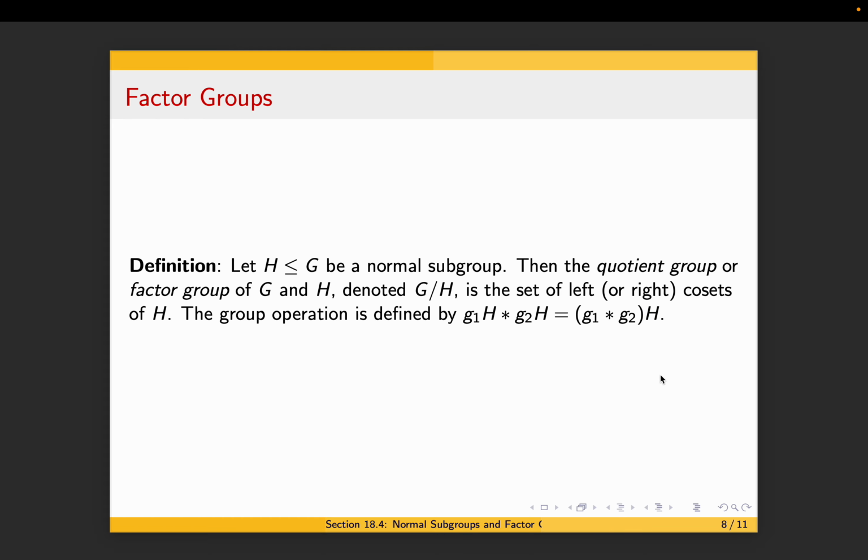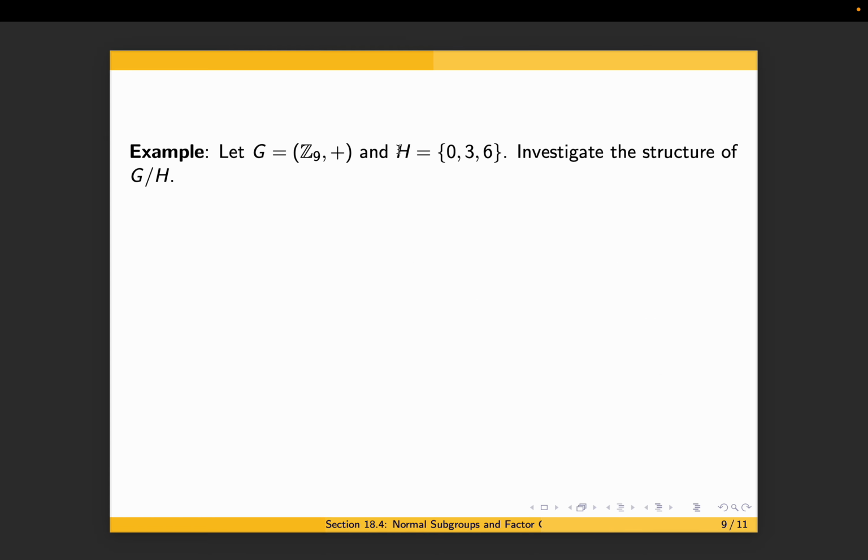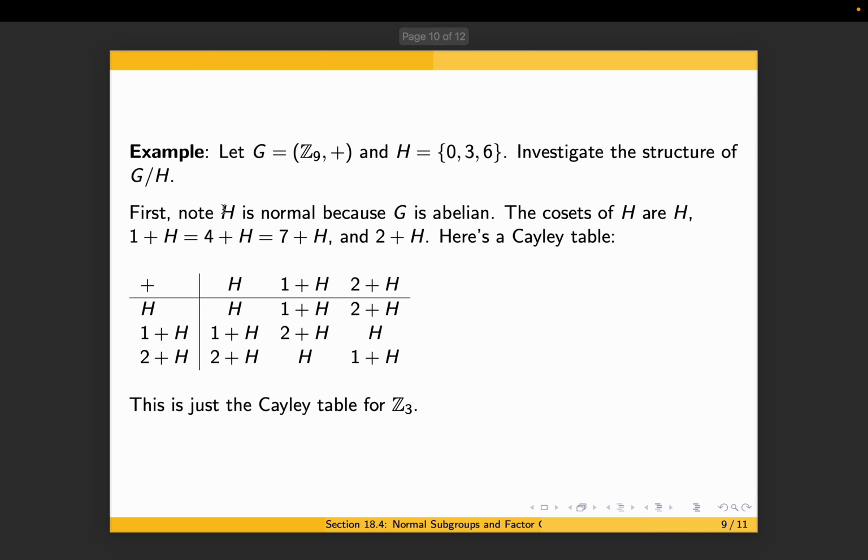So let me show you some examples of that. G is now Z9, H is this subgroup. Let's think about G/H, and the way you say this out loud is G mod H. So you don't say quotient group of H and G every single time. Okay, so first of all, note G is abelian, so any subgroup is normal. I don't have to think about normality here.